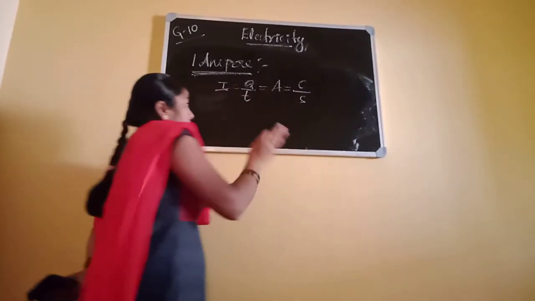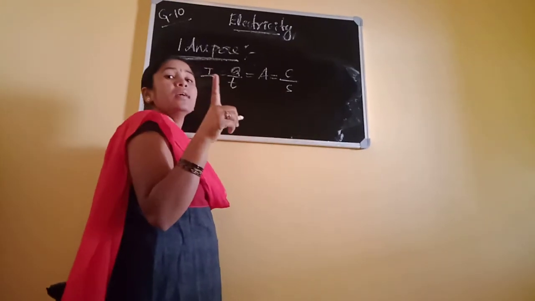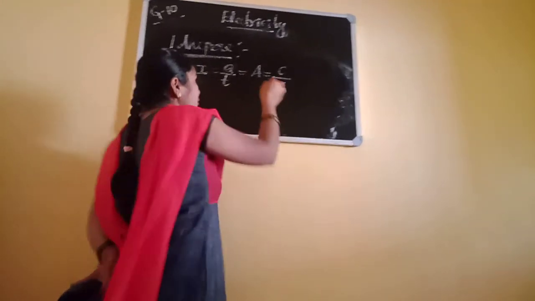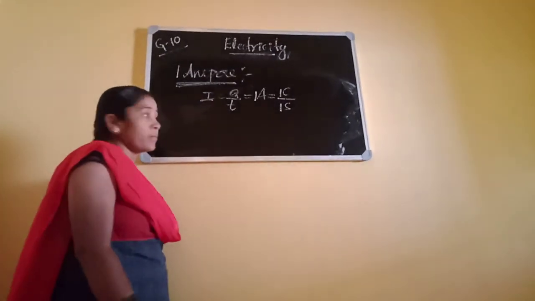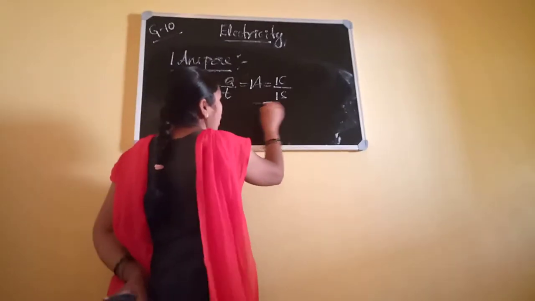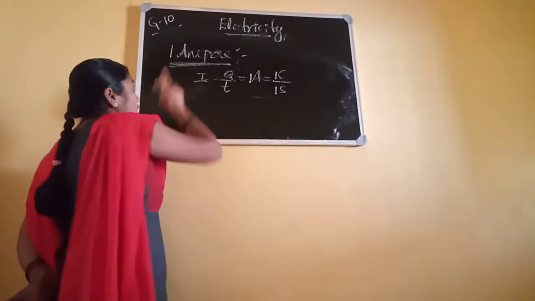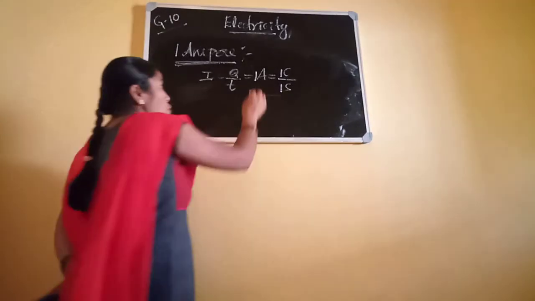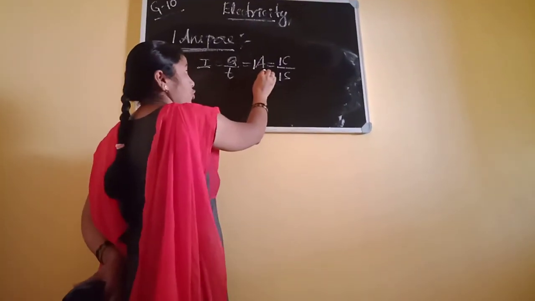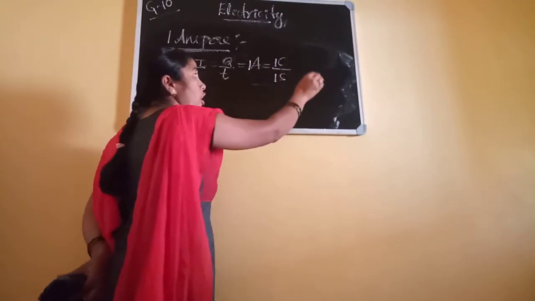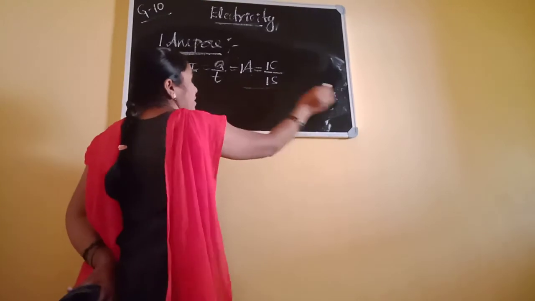Understand? Then you have to write numerical 1 in front of these SI units. By seeing this, you can make a sentence for 1 ampere. 1 ampere is said to be 1 coulomb of charge flowing in the circuit in 1 second.